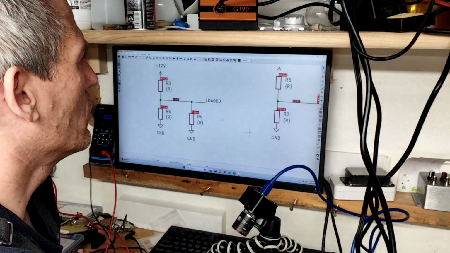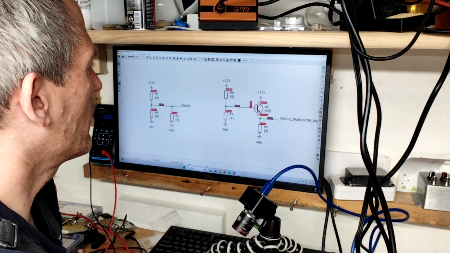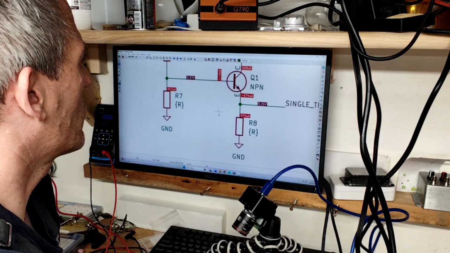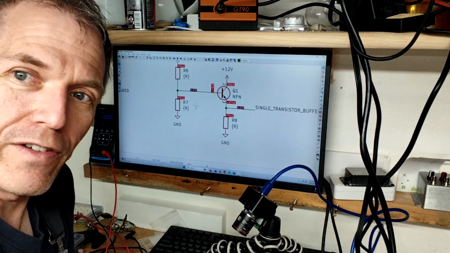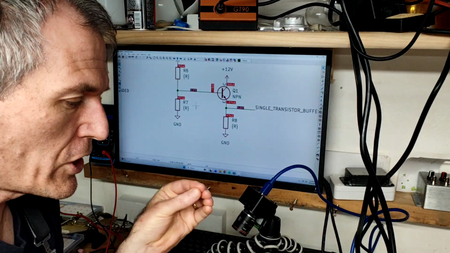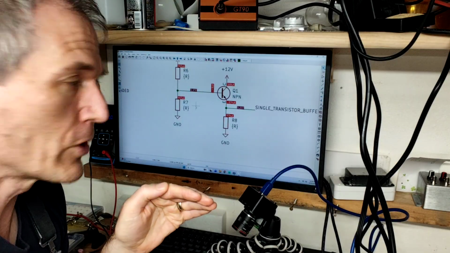So what can we do? If we use a single transistor, transistors have some beta value. The beta value is basically the ratio between the input current and the output current.